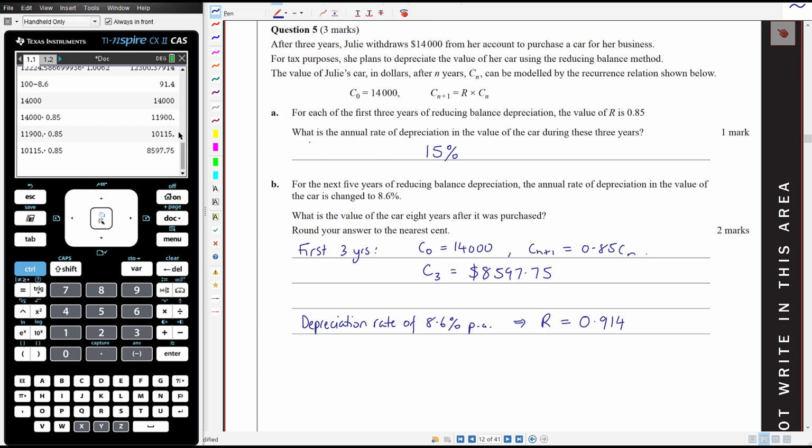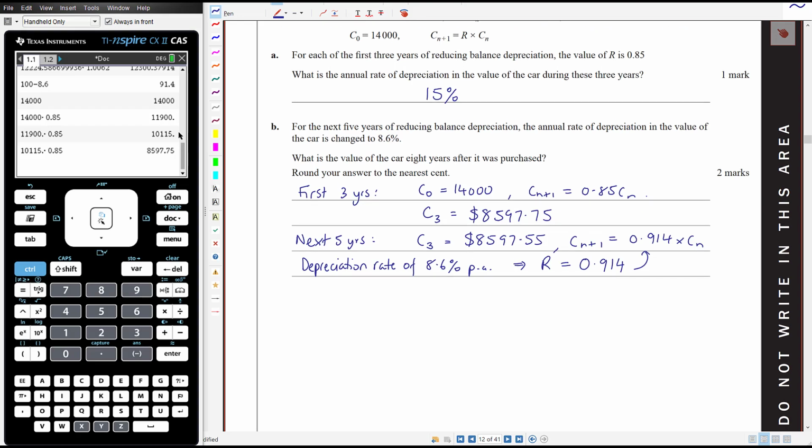Okay, so then it's going to be the next 5 years. This time C0 is now that, 8597.75. And we can still call it C3, but that's where we're starting, okay? And Cn plus 1 is now going to be this rate of depreciation, 0.914 times Cn.